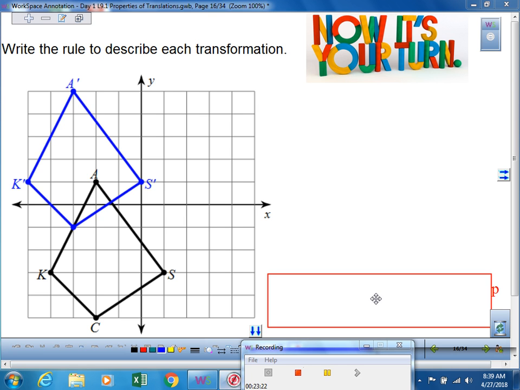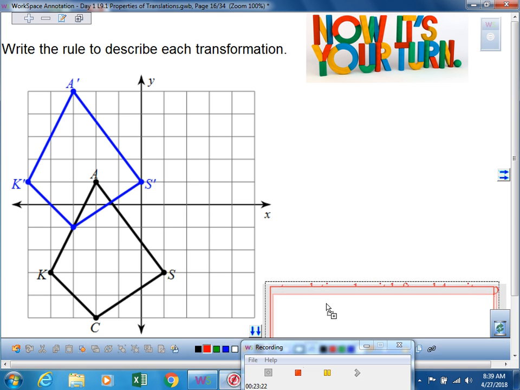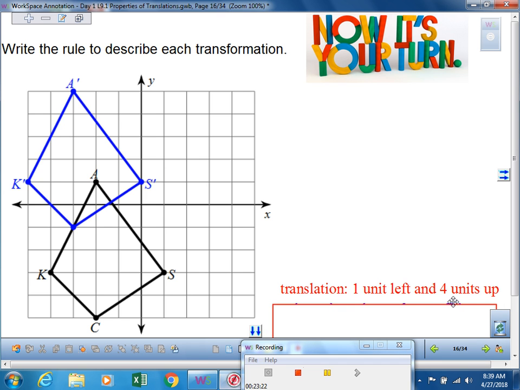So I'm going to tell you that is an incorrect rule. Does anybody know why that's incorrect? Nicholas? Joseph? You didn't state it was a translation. You have to tell me translation. 1 unit left, 4 units up.